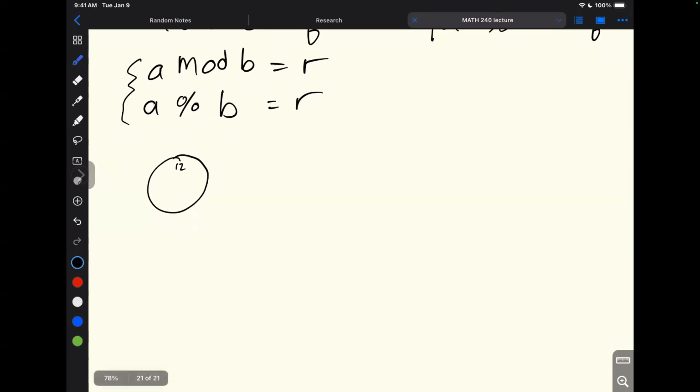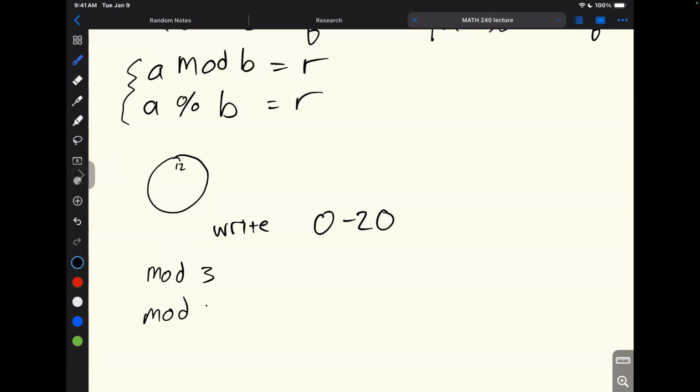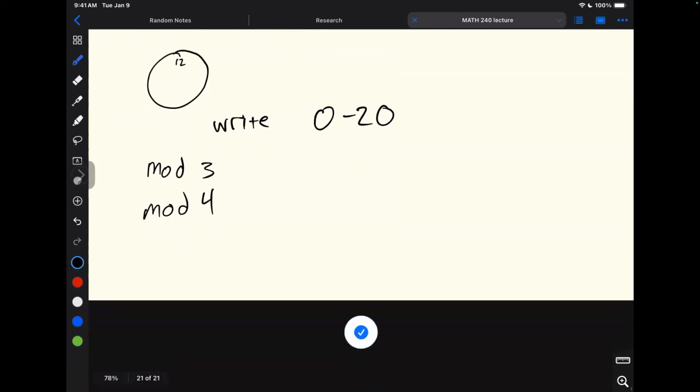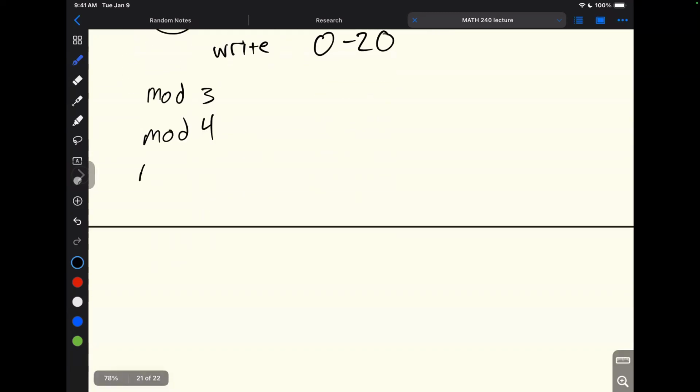So let's practice. Let's write the numbers 0 through 20 in mod 3 for you, and then you can write mod 4, mod 5, and maybe mod 6 if you get there.